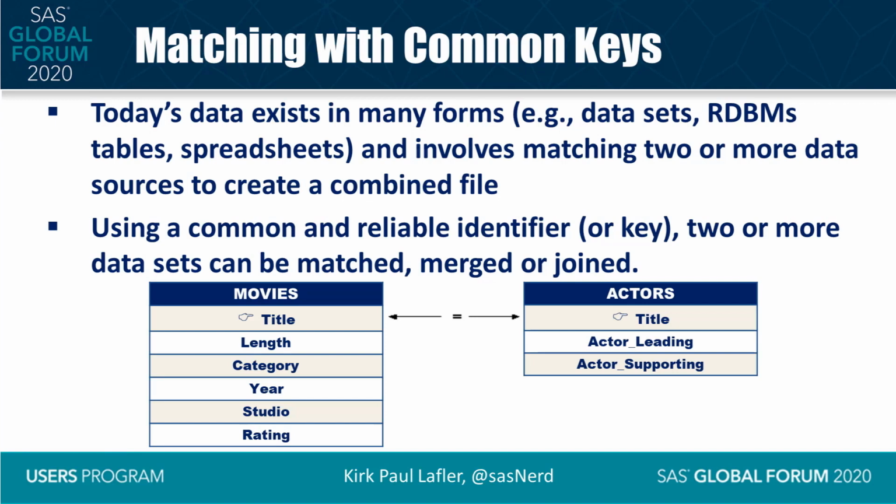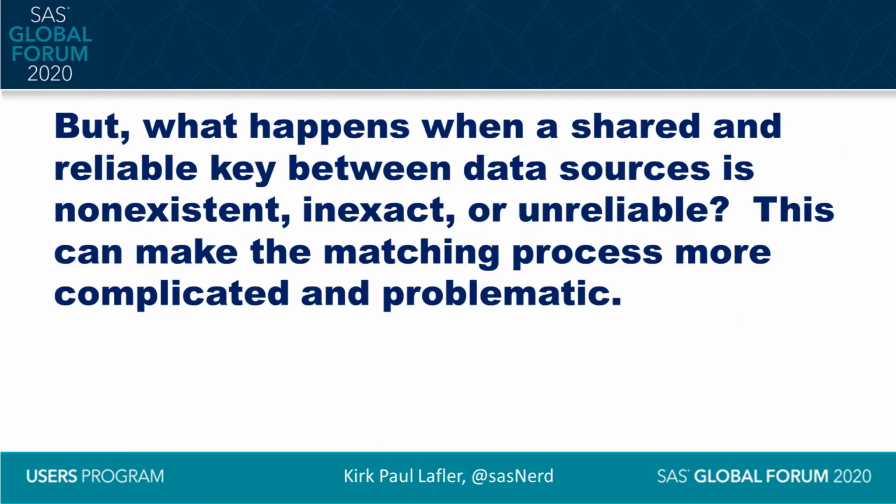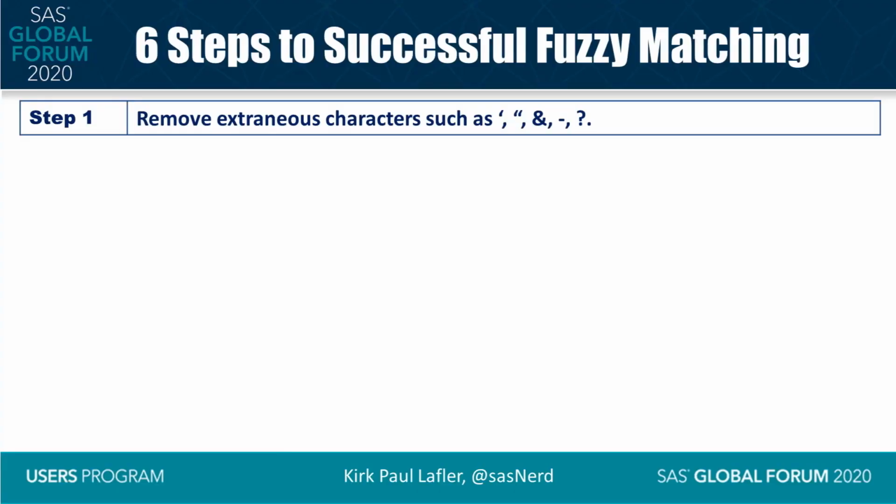If the key is reliable and consistent, we should have very little problems in joining or merging these tables. But what happens when a shared and reliable key between data sources is non-existent, inexact, or unreliable? This can make the entire matching process more complicated and problematic. Consequently, Steve Sloan and I have put together 6 steps to successful fuzzy matching.